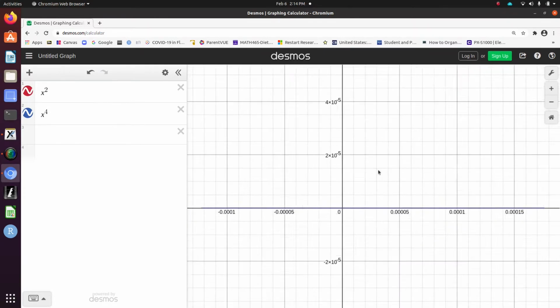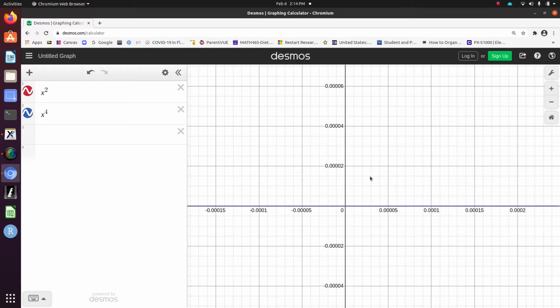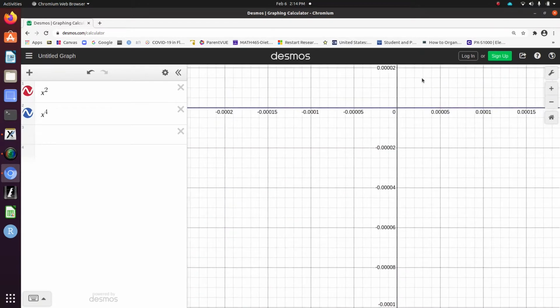And for that reason, if you say x squared over x to the 4th, the x to the 4th gets to 0 first. And if you say x to the 4th over x squared, then you have the opposite effect.